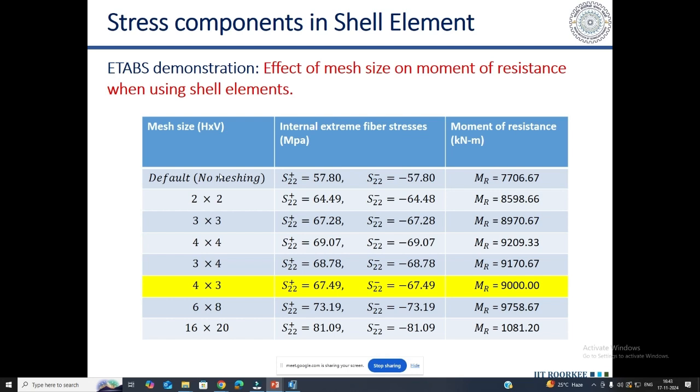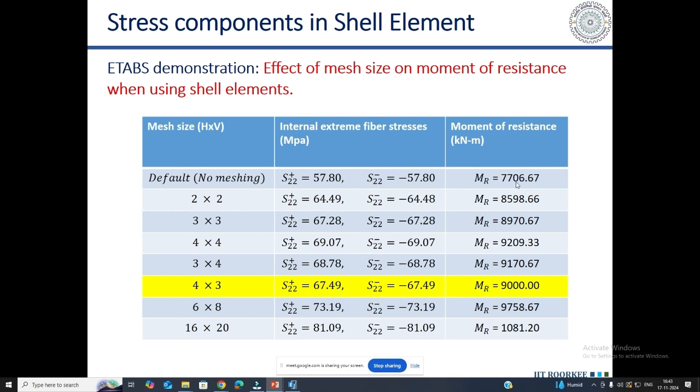By default, the software does not mesh your element. If I do so, I get the extreme fiber stress of positive 57.8 and negative 57.8. If you do the calculation, you get a moment of resistance of 7706. Our correct result is 9000, but here you are getting 7706, so quite a lot different.